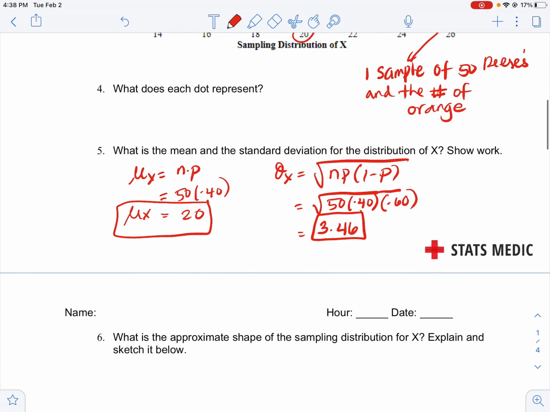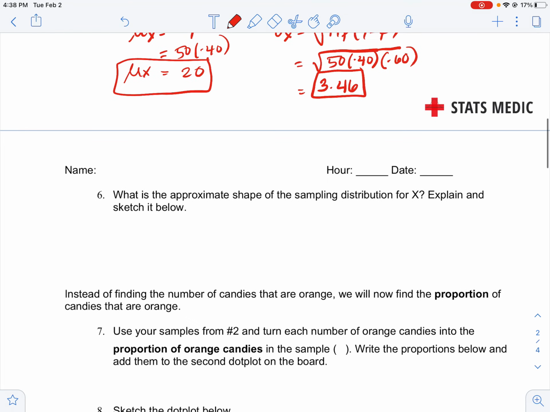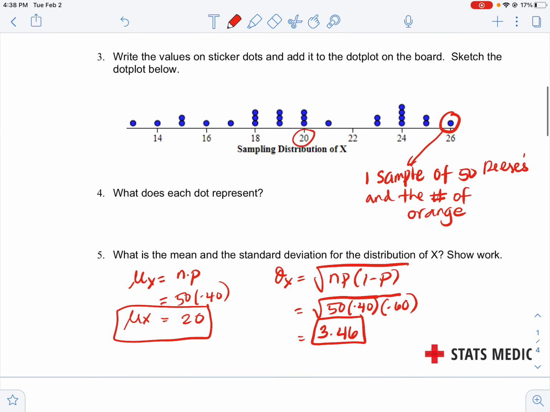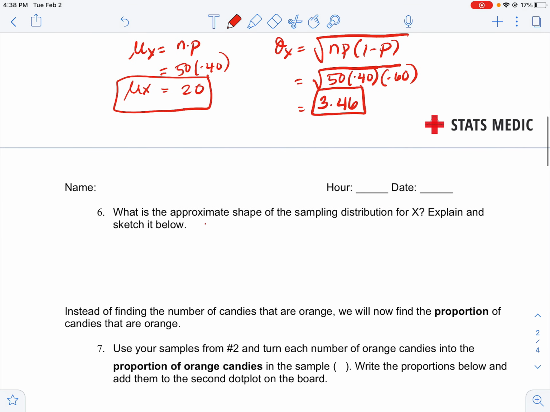Okay, moving on. What's the approximate shape of the sampling distribution? Sketch and explain it below. So is it skewed to the right? Is it normal? Is it skewed left? We can tell that this one looks approximately normal, but we have to prove it using the large counts condition.